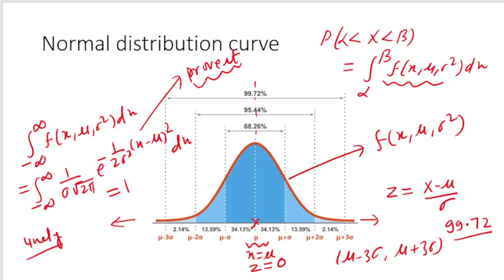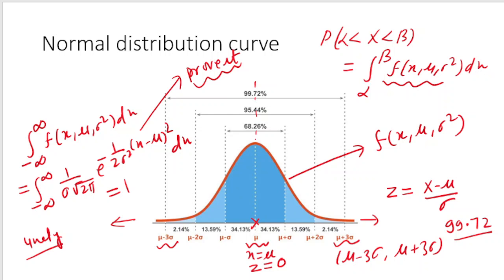The conclusion is that it is very unlikely that the random variable will take a value beyond mu plus 3 sigma or beyond mu minus 3 sigma, because most of the values will lie between mu minus 3 sigma and mu plus 3 sigma, and that probability is almost equal to 1. It is 99.72% of the area, which is almost the total area, that is equal to 1.